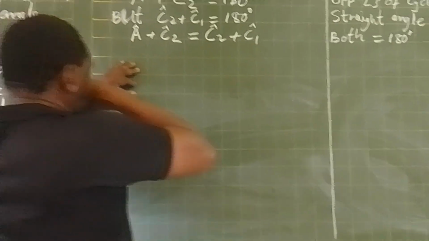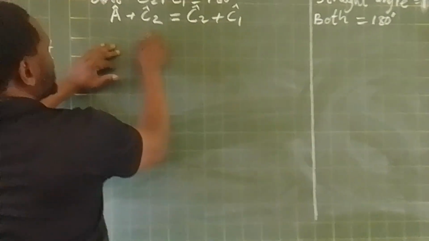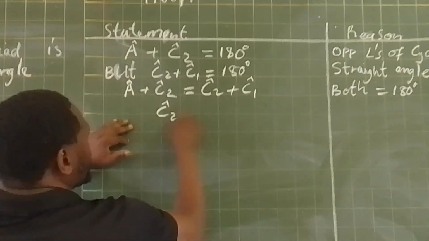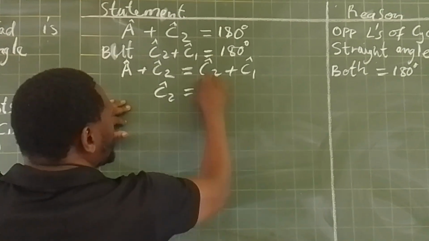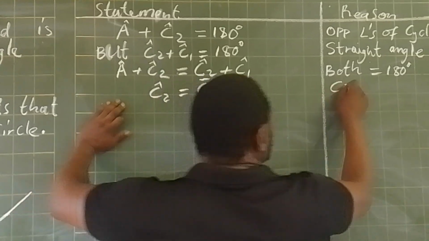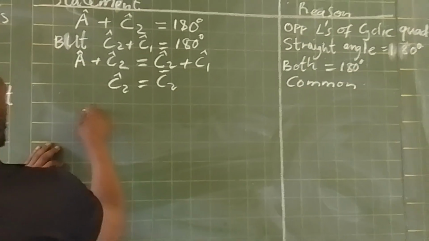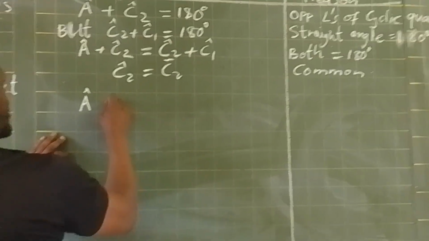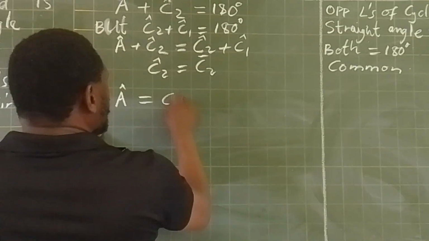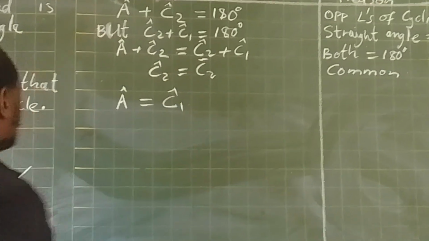Now, you can say C2 is equal to C2, which is common. Therefore, angle A is equal to angle C1.